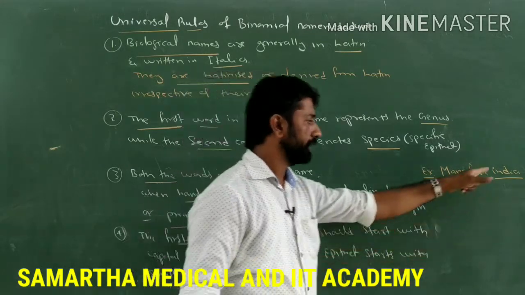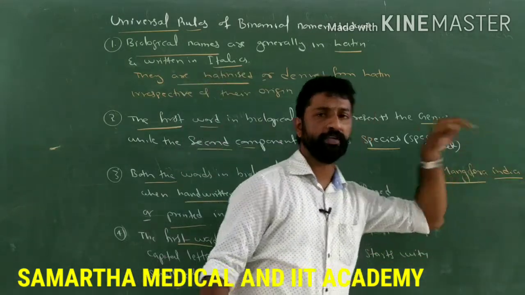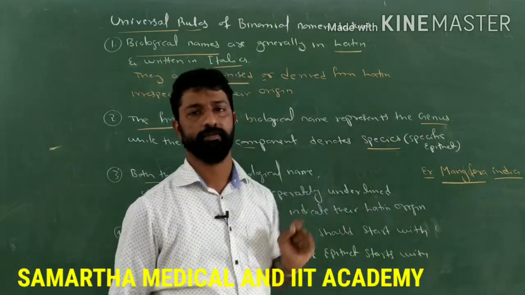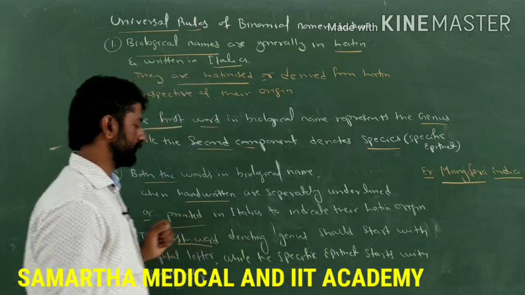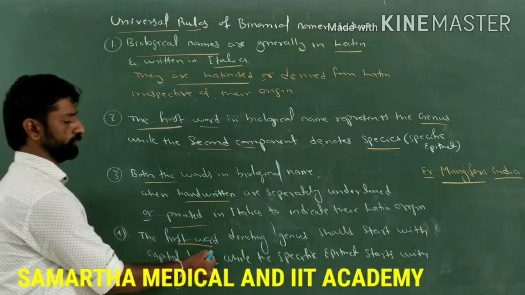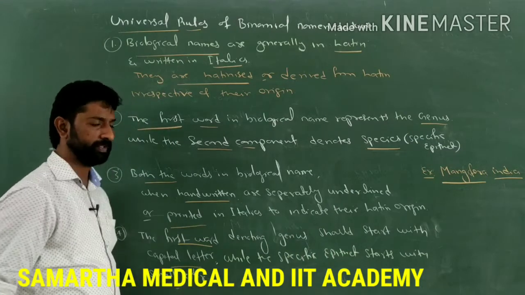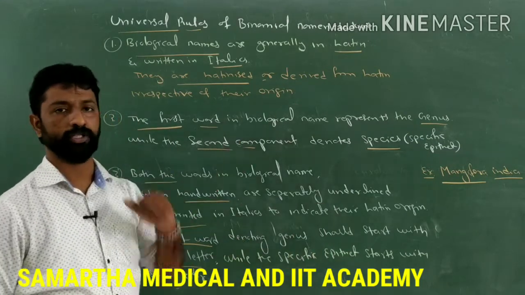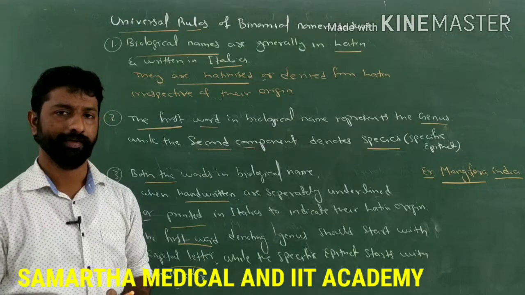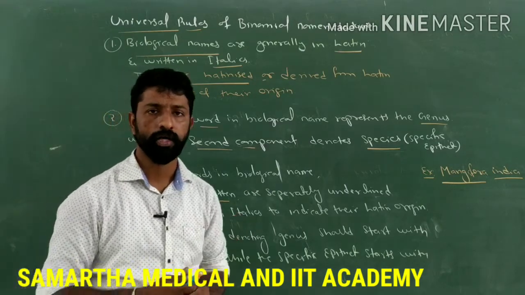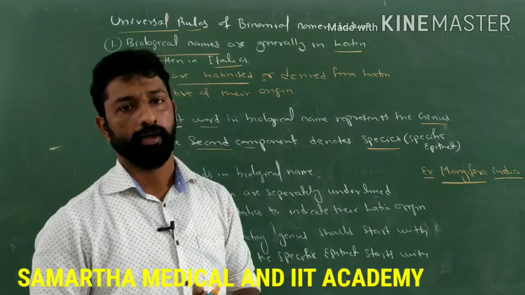Similarly, the first letter of the specific epithet should start with a small letter itself. So that is the next rule. The first word denoting a genus should start with a capital letter, while the specific epithet starts with a small letter. So that is the rule for how a biological name should be written.